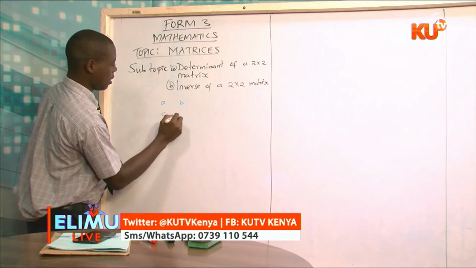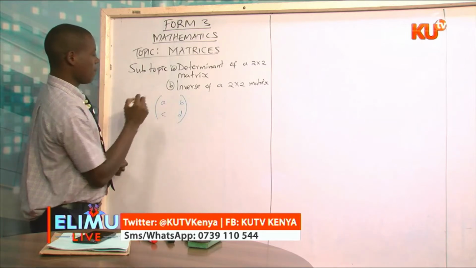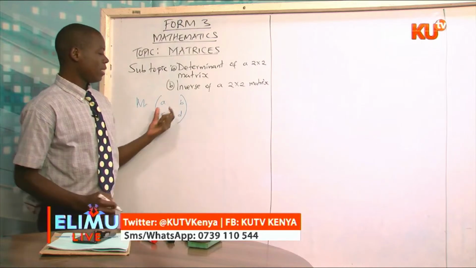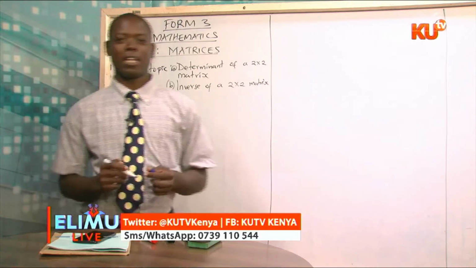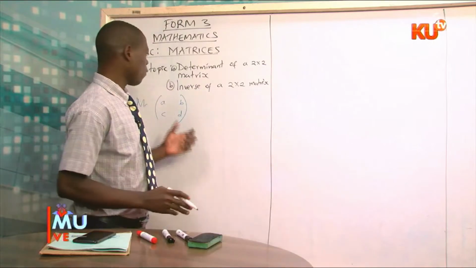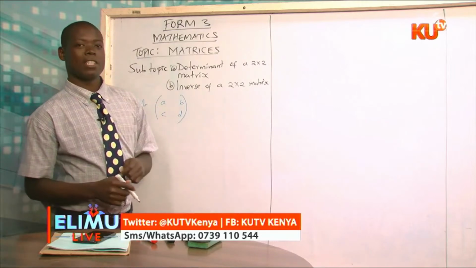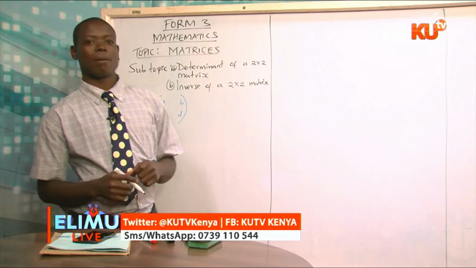For instance, if I have this as my matrix M, A, B, C, D are what you're calling elements. They are simply the characters of this matrix. And these elements have been arranged in what we call rows and columns.